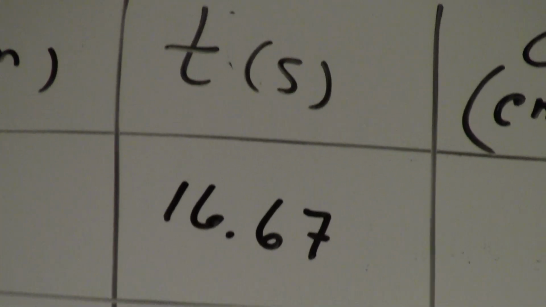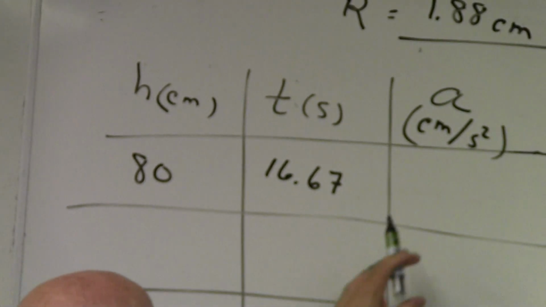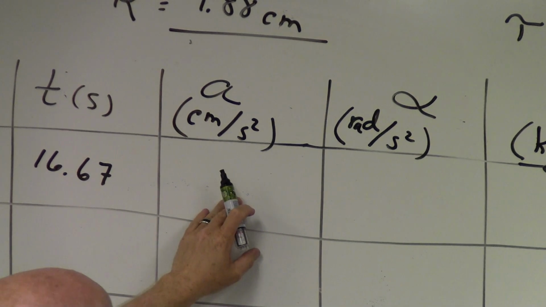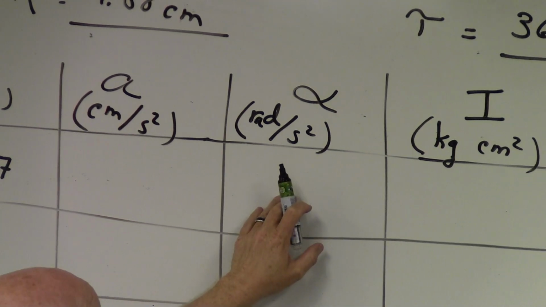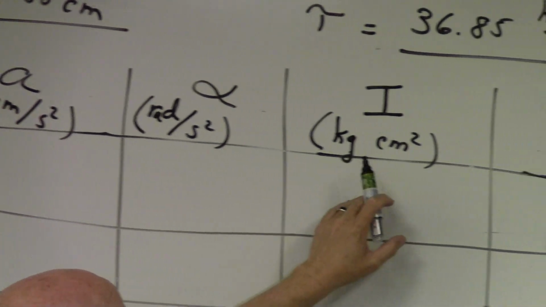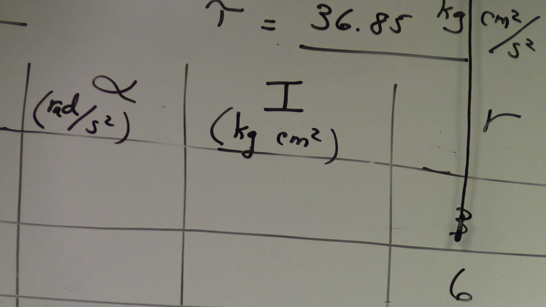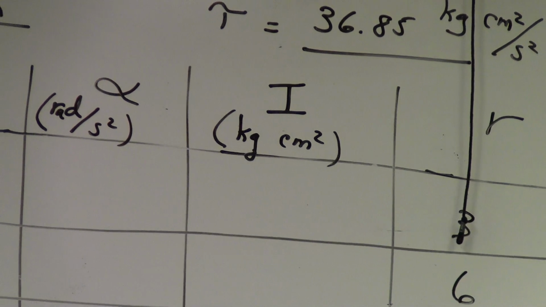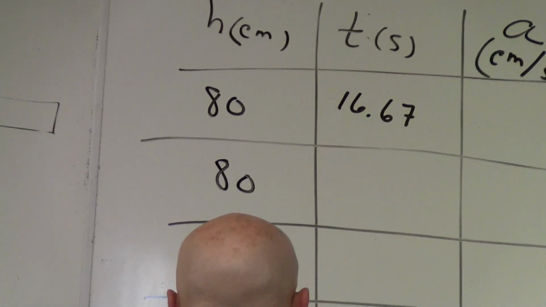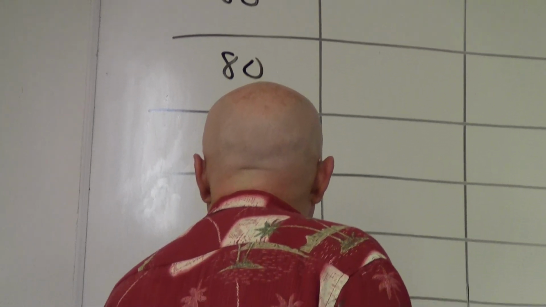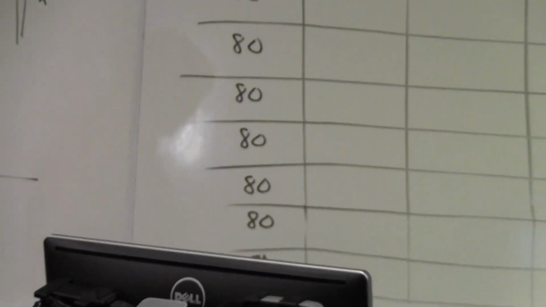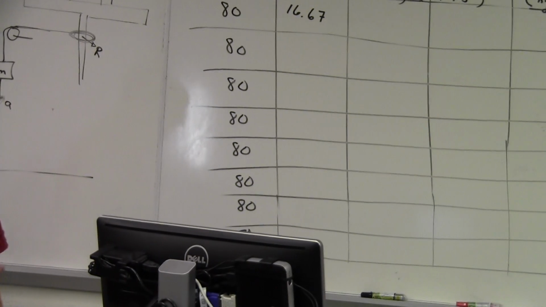Let's have you then do the calculation, get the translational acceleration using the first equation, and then using the second equation, get the angular acceleration, and then get the rotational inertia using the fourth equation. And I'm going to go ahead and just fill in 80, unless something weird happens. I'm going to always set these at a height of 80.